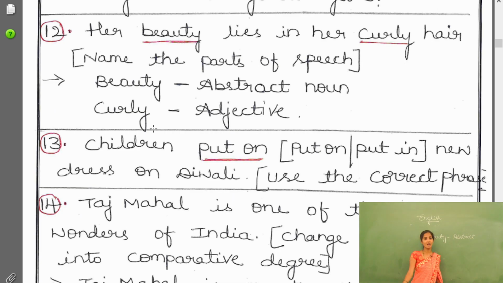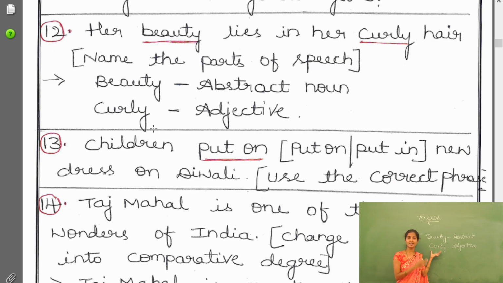And curly, it is telling us about hair. How is her hair? Her hair is curly. Curly is an example for an adjective. So that is telling us about the hair. Beauty means abstract noun because it is the name of that quality.